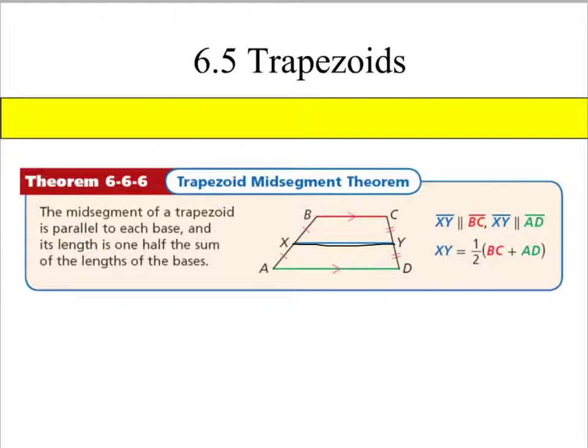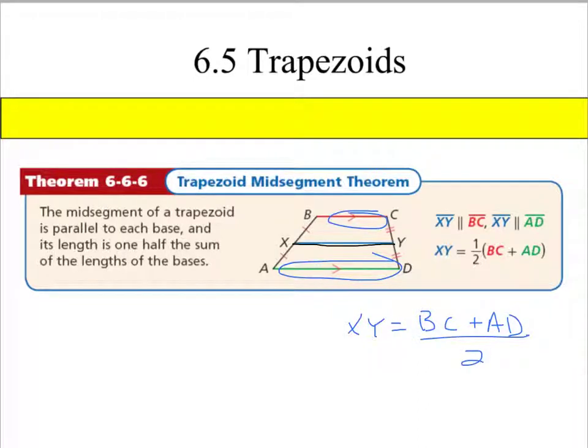BC and AD, those are your bases. We add those two together, cut it in half, and that's going to be your XY. Another way to put this is XY is equal to BC plus AD all over 2. Add up the two bases, divide by 2, that's your mid-segment.